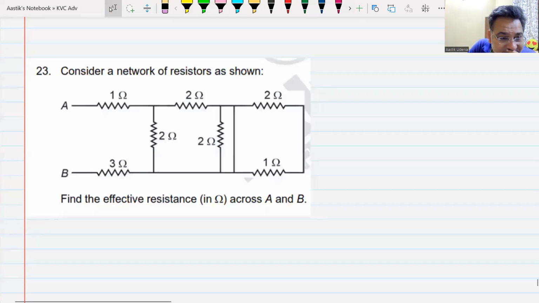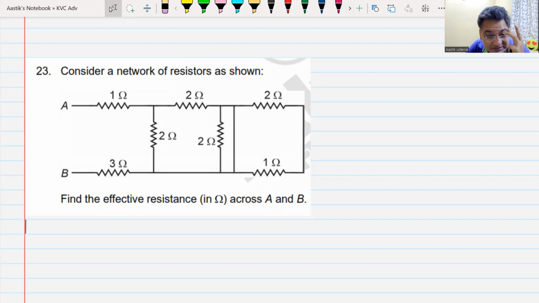This one, equivalent resistance. Anyone can get the answer for this. You can't get it? 16/3, sir. 5 is the answer. 16/3.